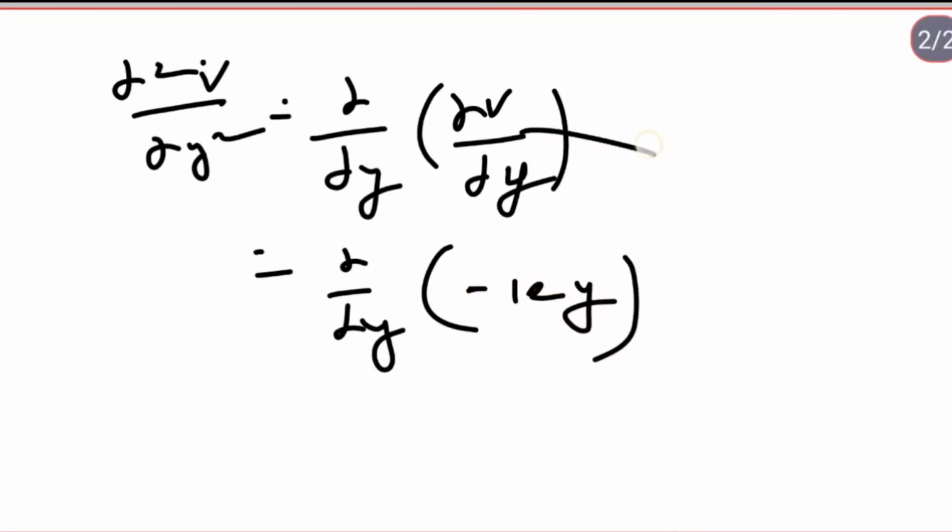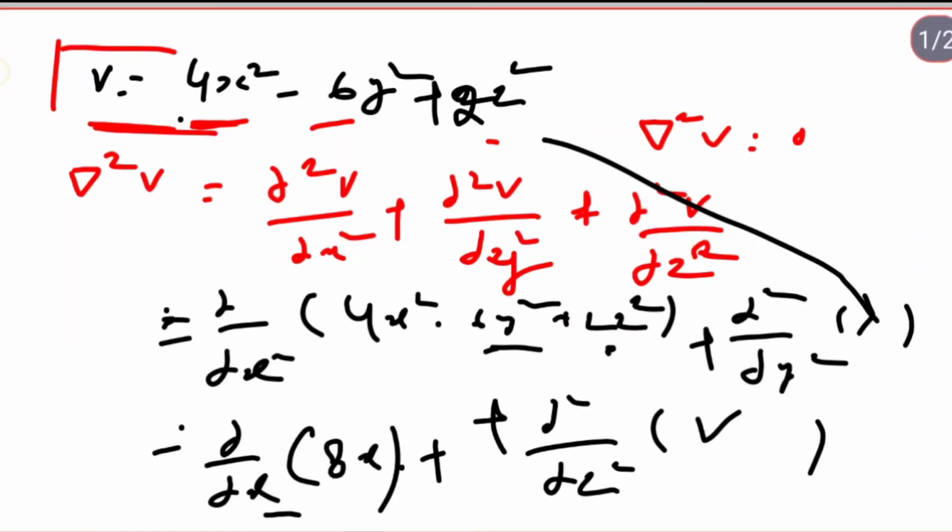Again differentiating, we get minus 12. Previously we got 8x, differentiating again gives 8.